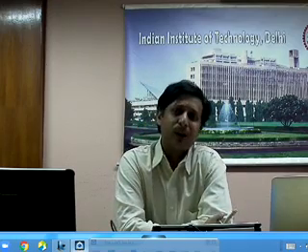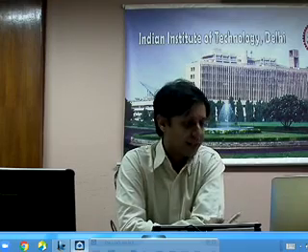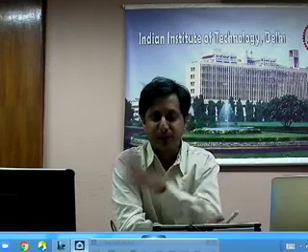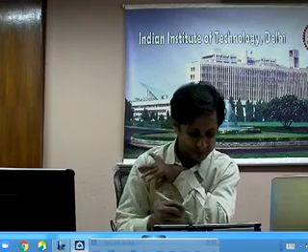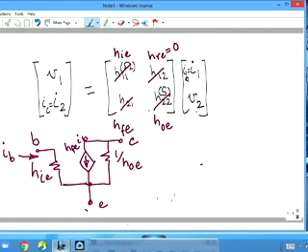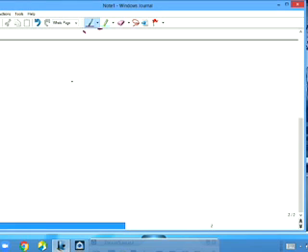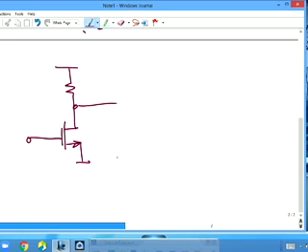So all right, the cascaded amplifier is where you put two amplifiers one after the other, right? This is your common source amplifier, right?